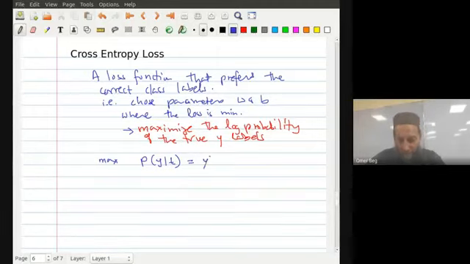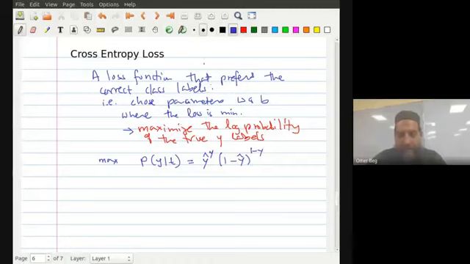So this is the cross entropy loss, and this is how it's computed. This is the predicted value Y hat, and this is the real value in its power. So the real label of Y, and then 1 minus Y hat to the power 1 minus Y. So what does this do? In fact, the previous loss functions that we saw have a few problems, because to back propagate the loss, or to take it back, we need to differentiate it, and those loss functions are non-differentiable.